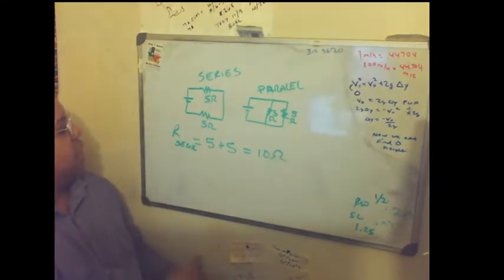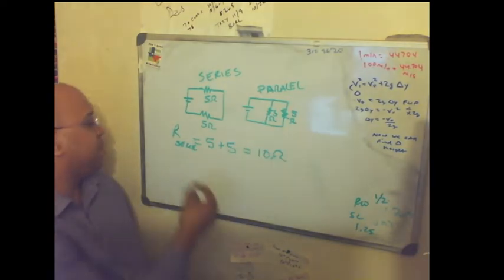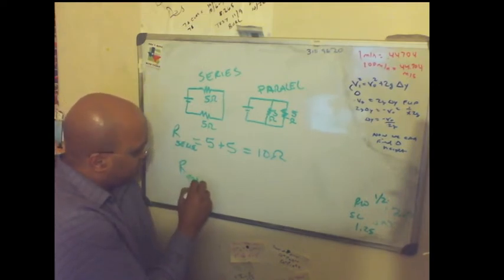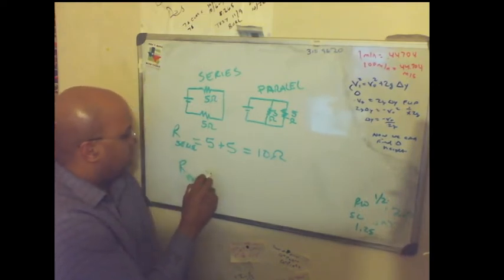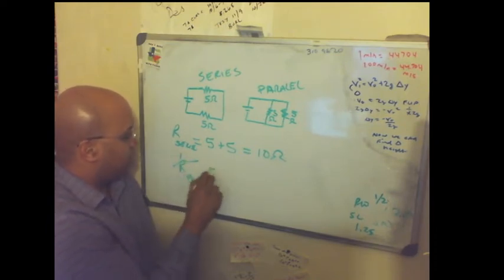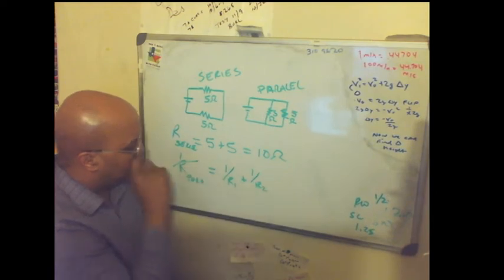Now, based on the parallel arrangement, this is what happens mathematically. I'm going to put R parallel for short. 1 over R parallel equals 1 over R1 plus 1 over R2.